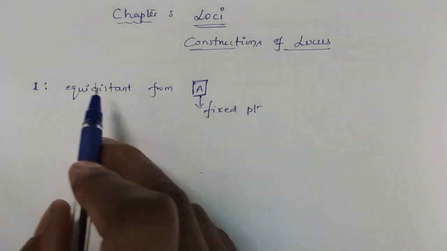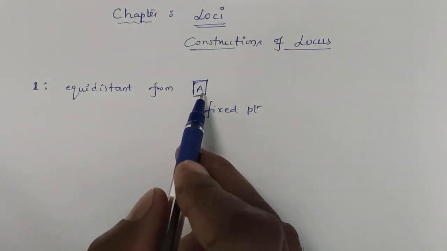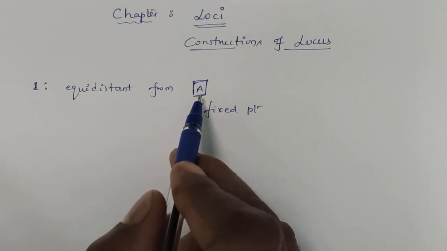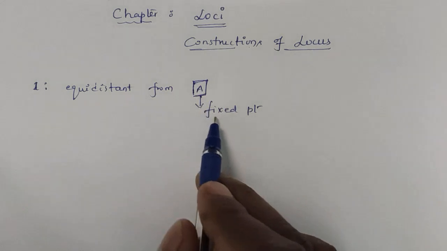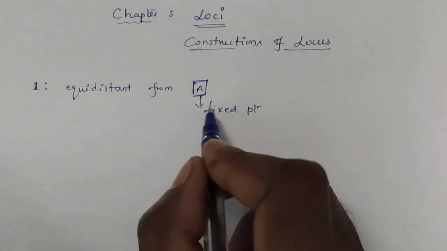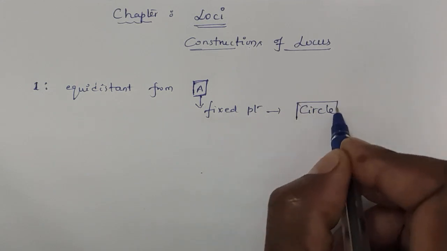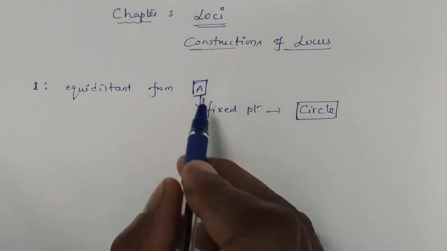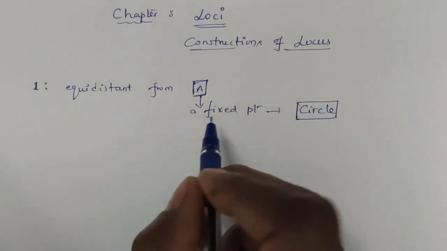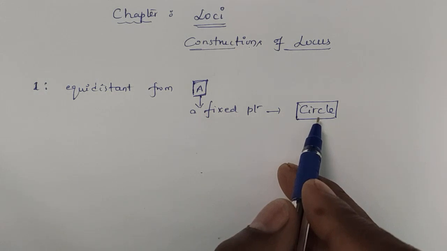From those 26 alphabets, any one letter given is taken as a fixed point. So for a fixed point, we always follow the circle. Remember, first in the question, fix what is given. The given is a fixed point, then the required locus is a circle.